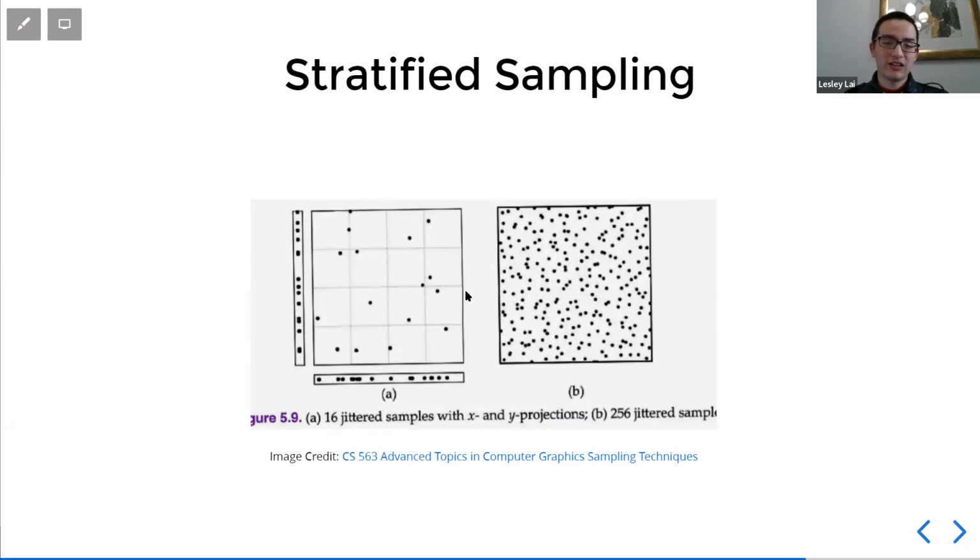In this case, we jitter different samples inside each small subpixel grid. And in this way, voila, we have a much better distribution of our samples.